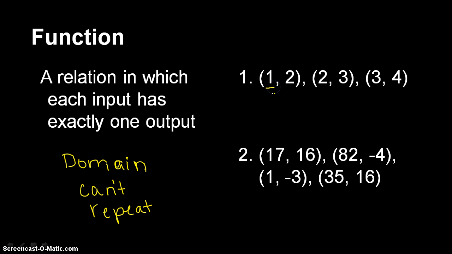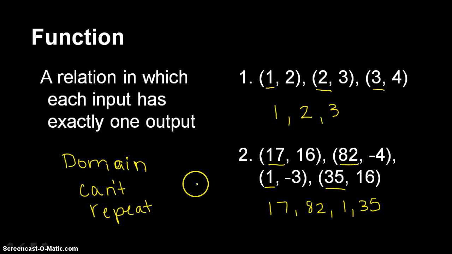In number 1 we have 1, 2, and 3. There are no repeats. Each number is used once as an x value. It is perfectly okay if they are repeated in the y value. In example 2 we have 17, 82, 1, and 35. Each one of those is only used once. So each of these is considered a function. It is both a relation and a function.